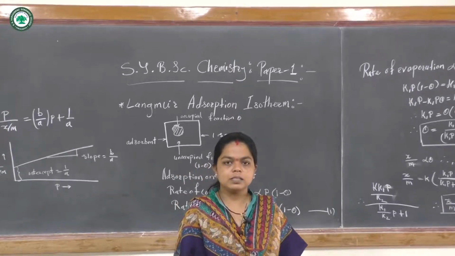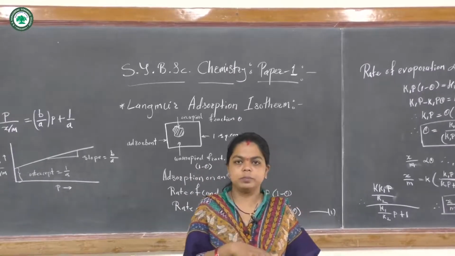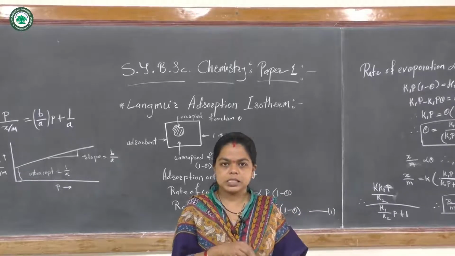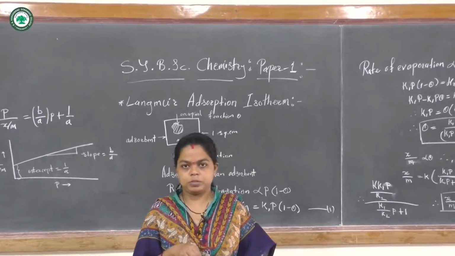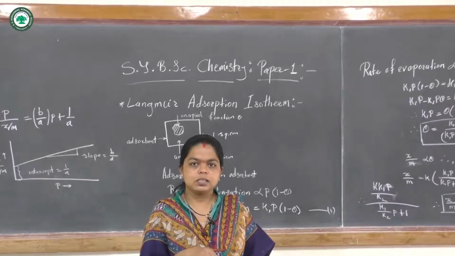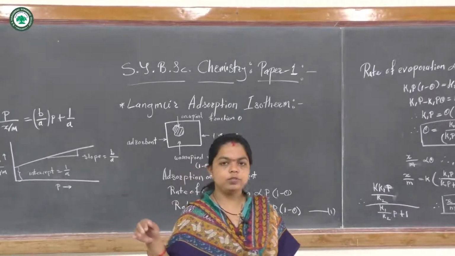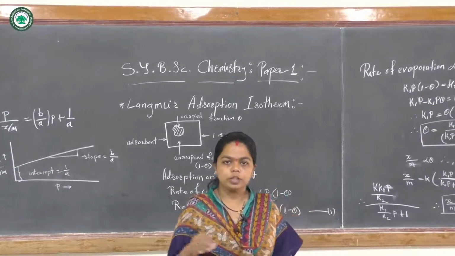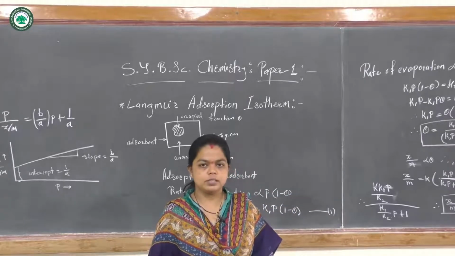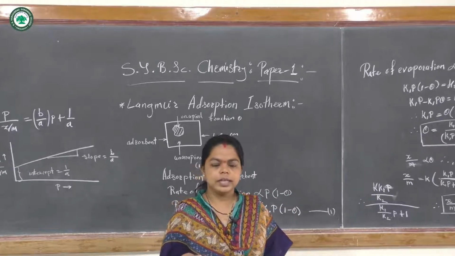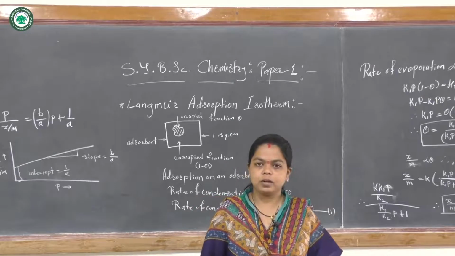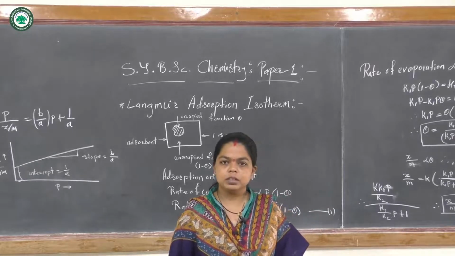Now when gas molecules get adsorbed in these elementary spaces, a unimolecular uniform layer of molecules is formed on the solid surface. So a unimolecular layer is formed according to this theory.